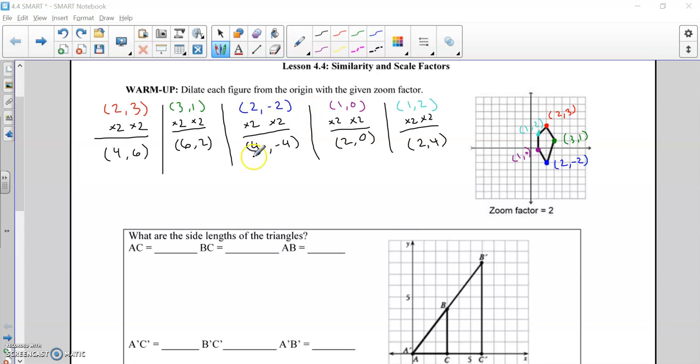All right, I have finished multiplying all my points by 2 because that's my scale factor. And so now I can go ahead and plot the new points. These 5 new points, I'm going to do that in yellow. And that's going to give me the vertices of my new dilated shape.